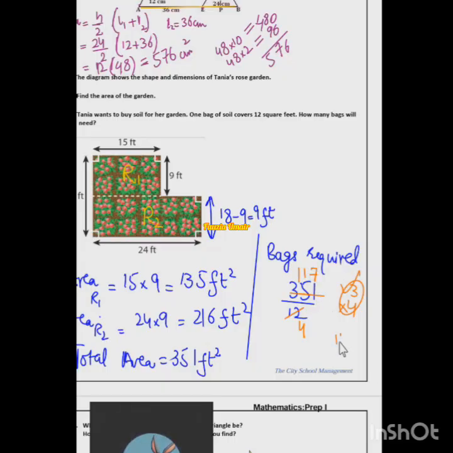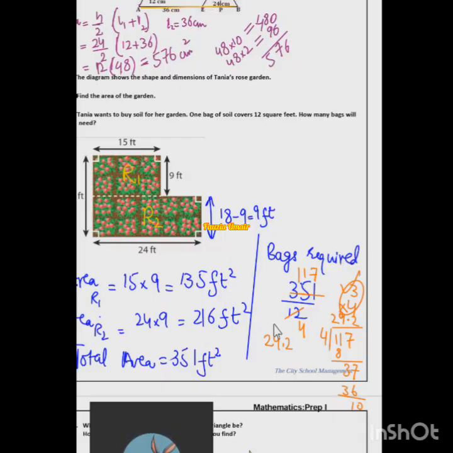So we will just divide 117 by 4. That gives 29.25. But bags should not be in decimal. So what should we do?